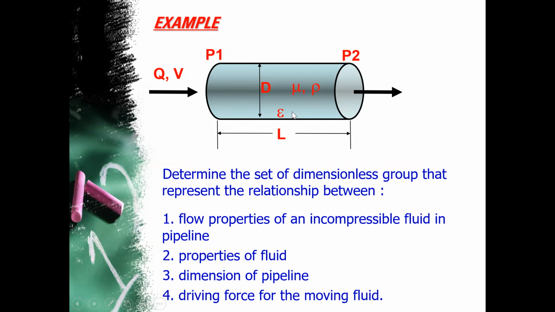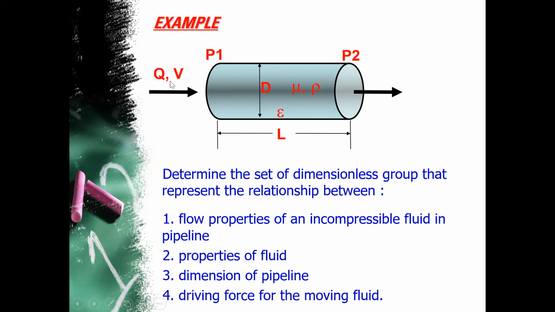Surface roughness, the dimension is just length, capital L. And then we have the length of the pipe. And then we have P1, P2, this is the driving force, or the pressure. And then we have Q, which is the discharge, and V is the velocity. So all of these parameters, now we have a lot.